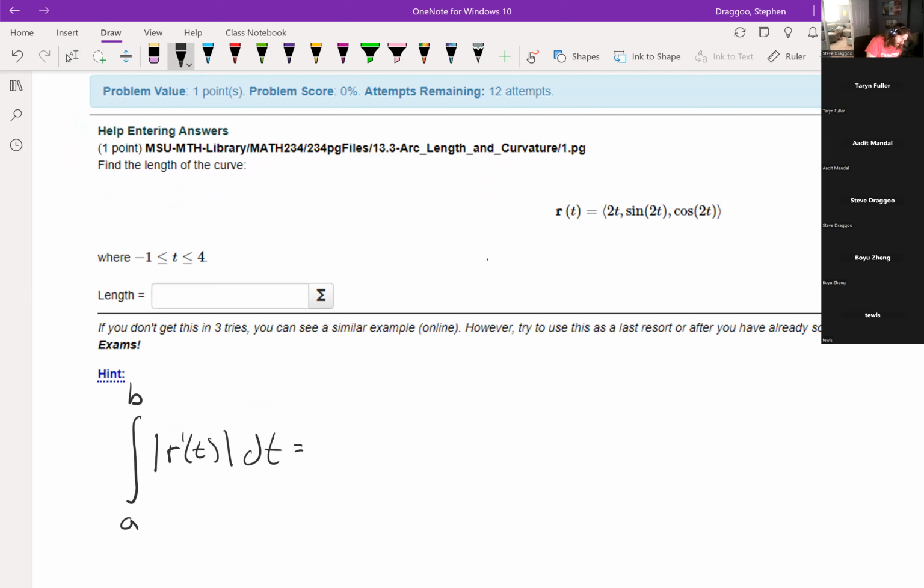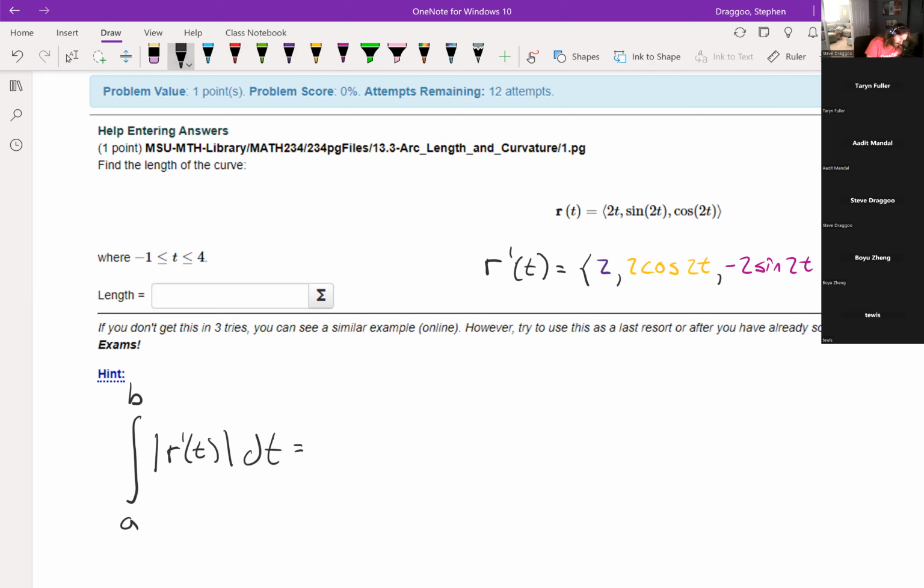I'm going to need a derivative vector. So r prime should look like 2, then 2 cosine 2t, and then the derivative of cosine, which is negative 2 sine of 2t.